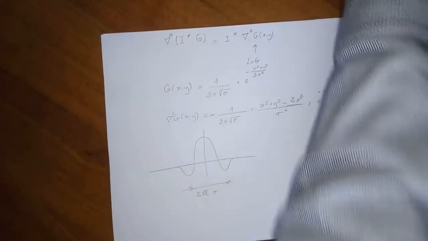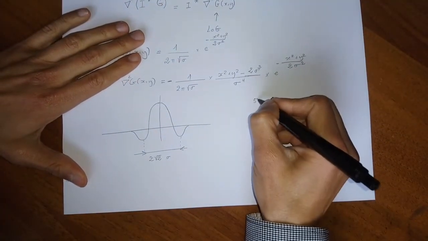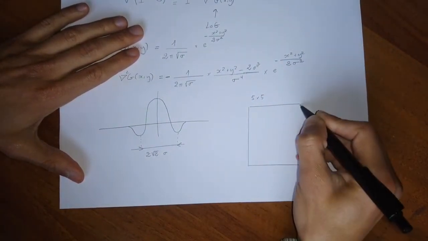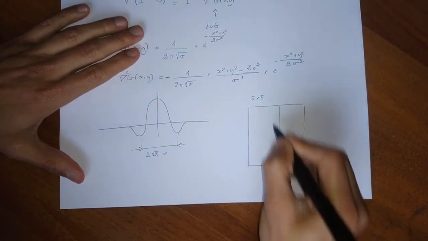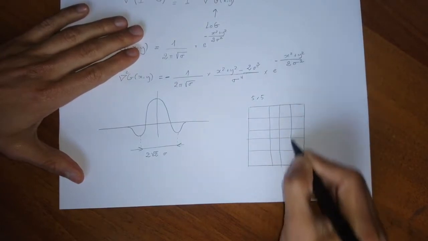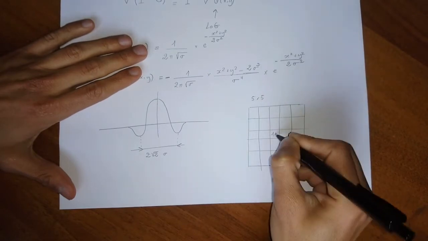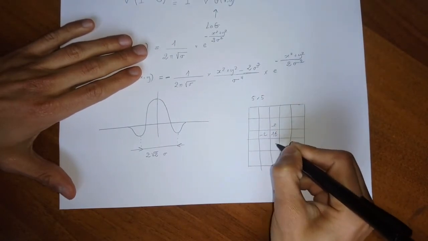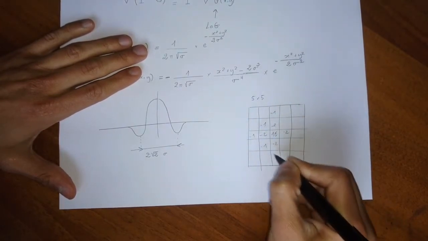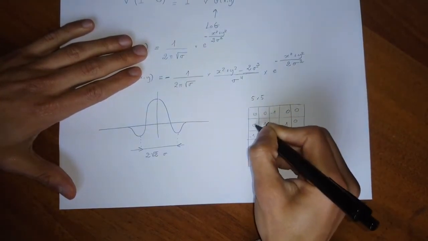For example, a digital approximation of that function on a 5 by 5 mask would be this. Here in the middle I would have 16 surrounded by minus 2's, then minus 1's, and 0 everywhere else.